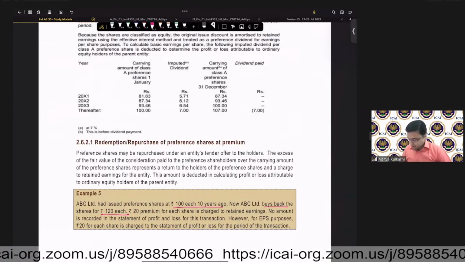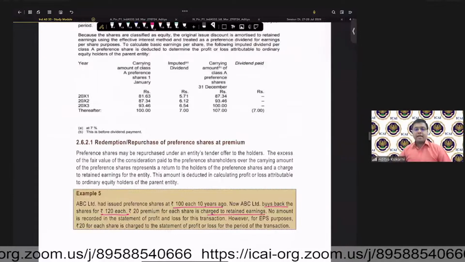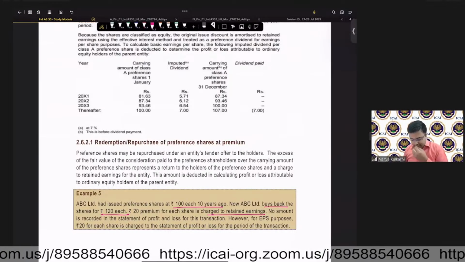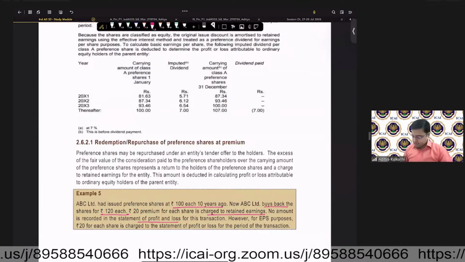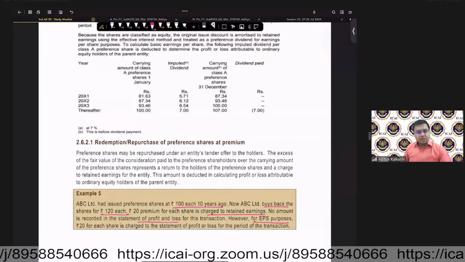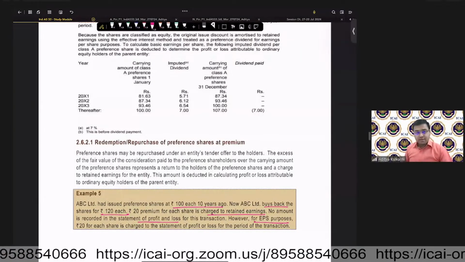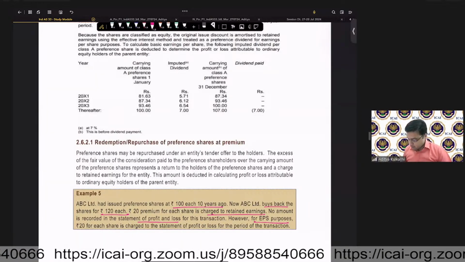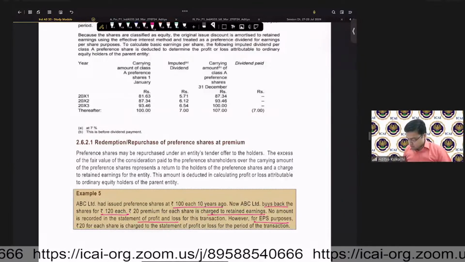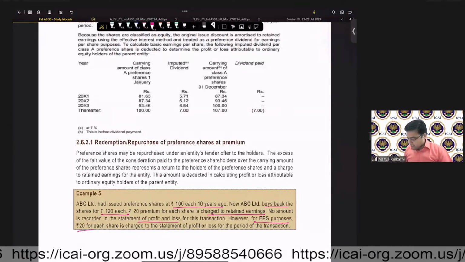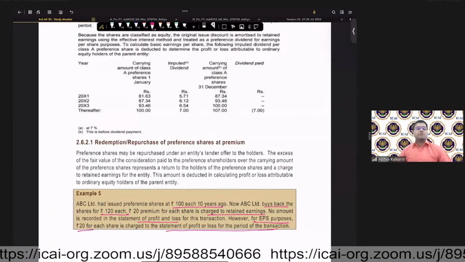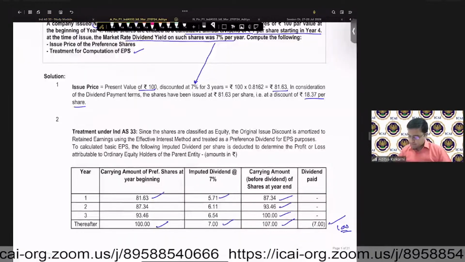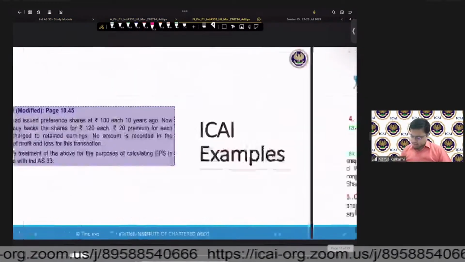So we have paid a premium. Premium gets charged to retained earnings. It does not hit the P&L. No amount is recorded in the statement of P&L. Agreed. However, for EPS purposes, you are paying something extra. That something extra comes at the cost of the ordinary shareholder. So you are going to take 20 as a reduction for the purposes of the computation of EPS. Fairly simple. Okay, so that takes care of example 5.